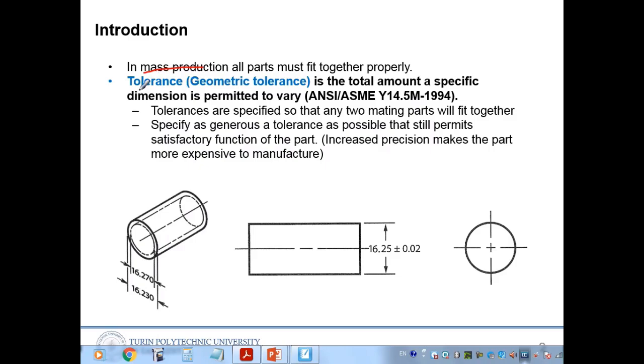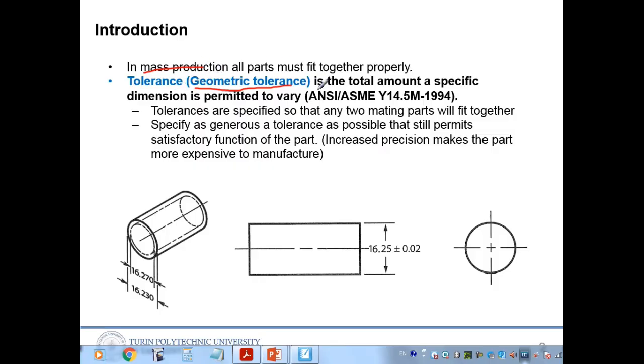Okay, so the definition of the tolerance. When we say tolerance in this lecture, we mean geometric tolerance. There are different tolerances also, but we are talking about geometric tolerance.